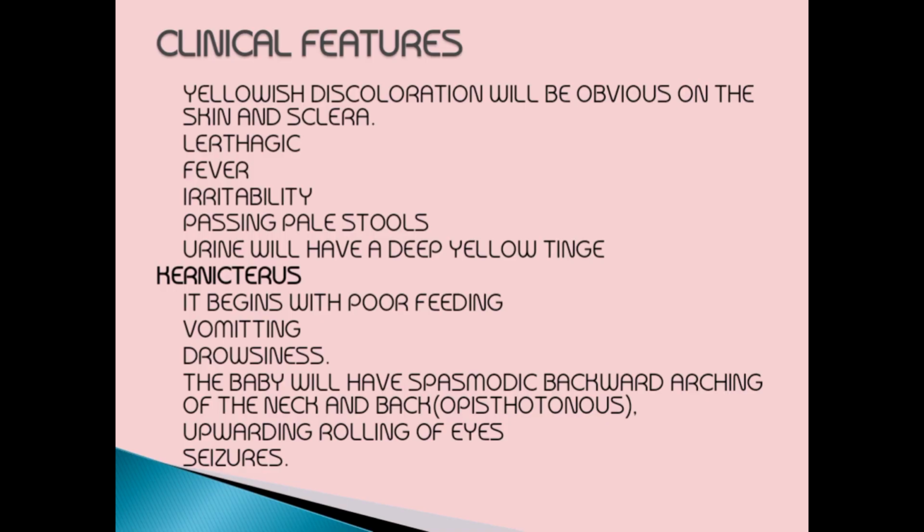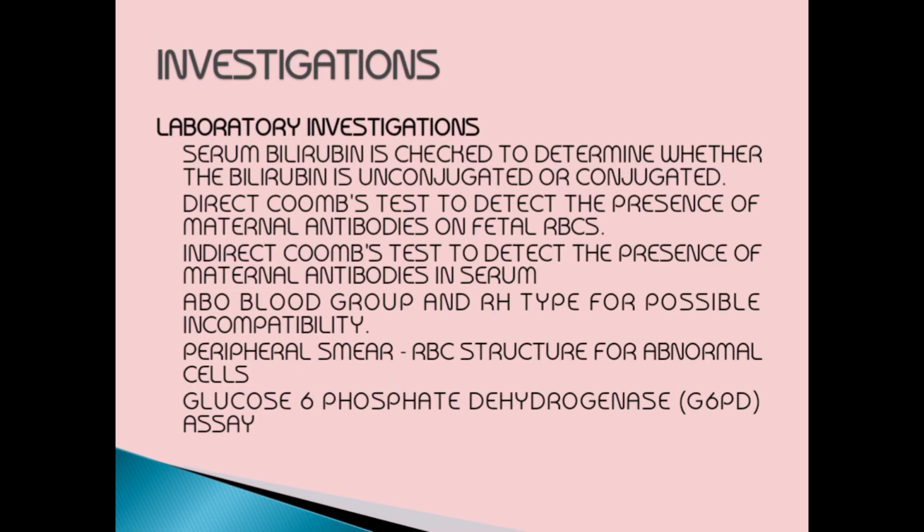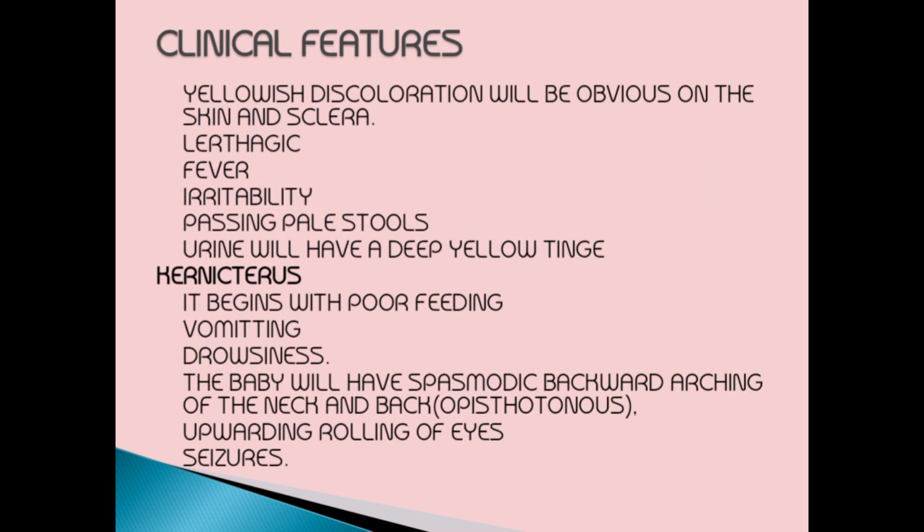It begins with poor feeding, vomiting, drowsiness. The baby will also have spasmodic backward arching or upward rolling of the eyes, and seizures will occur. So this is what I can say about jaundice.